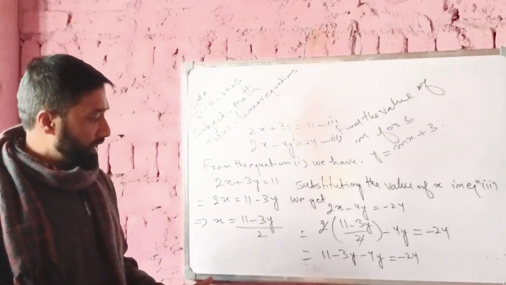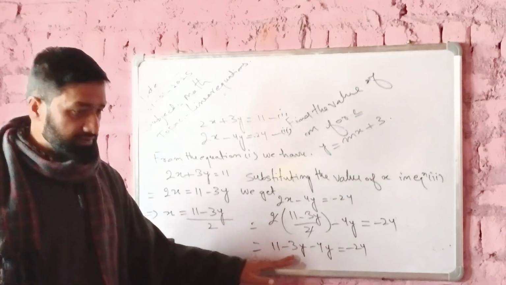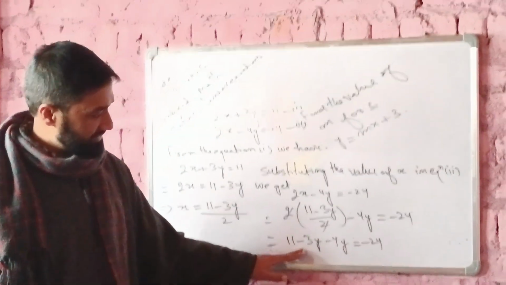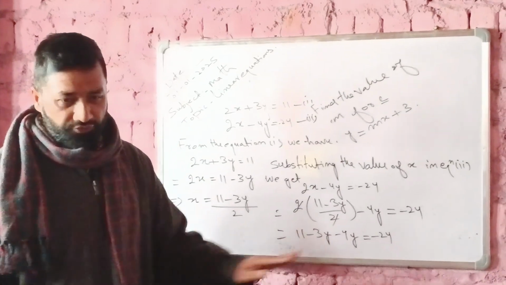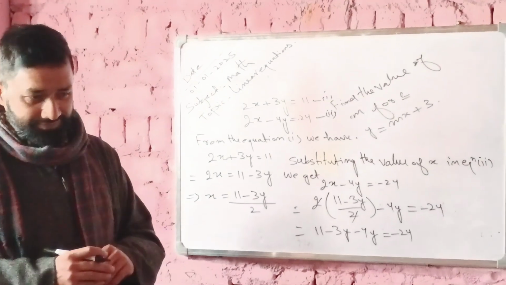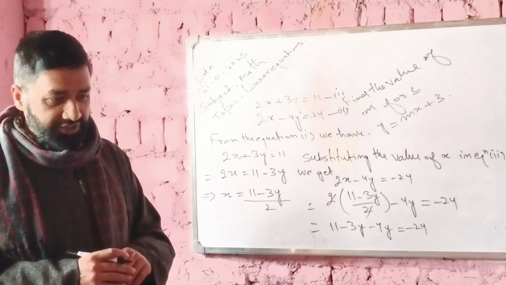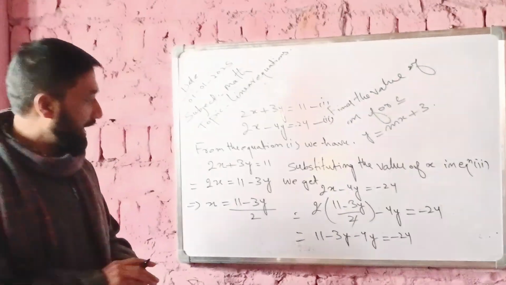Now, certain terms here are constant terms, while others are variable terms. So we need to separate them. And how will we do that?